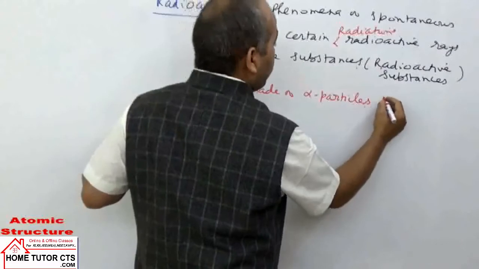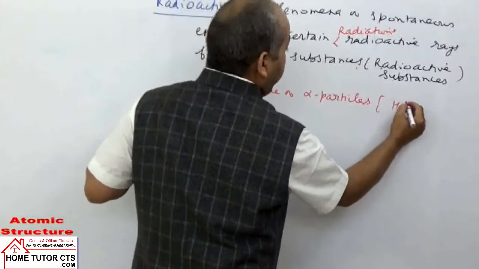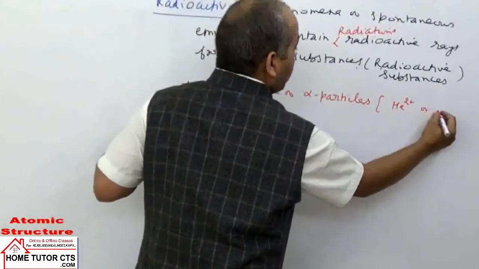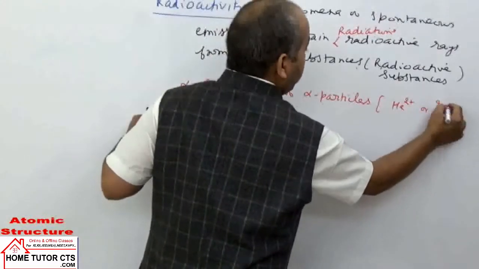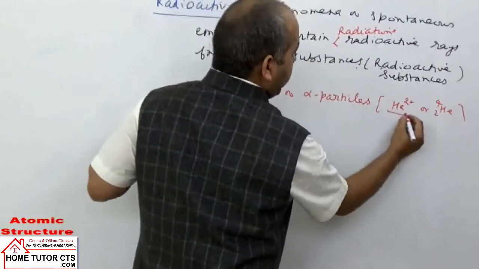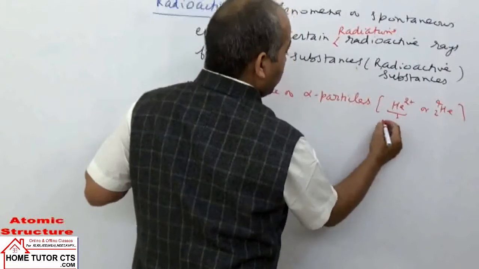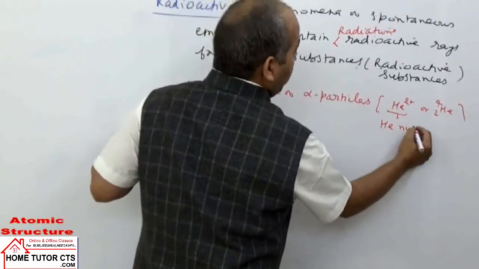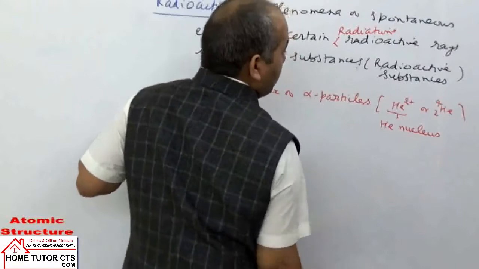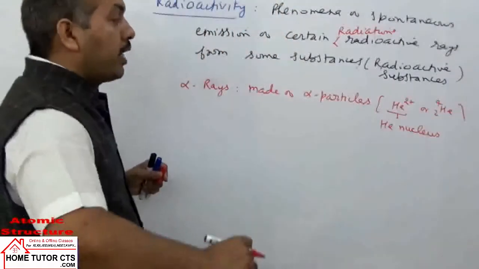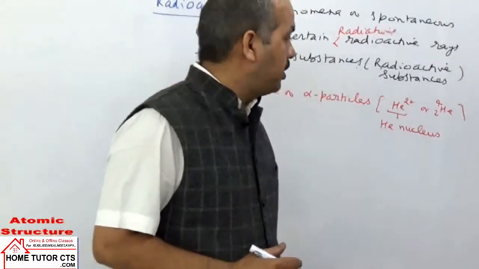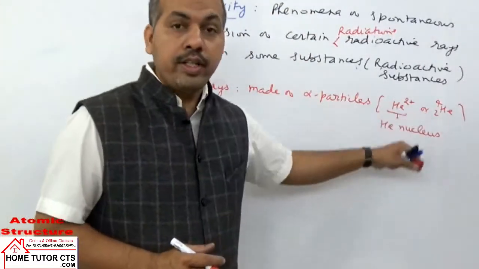It is a doubly ionized helium atom, or I can write here 2He4 symbol wise. It is the same as helium nucleus. But in atoms, the atomic number or mass number will remain unchanged. So symbolically it is 2He4.